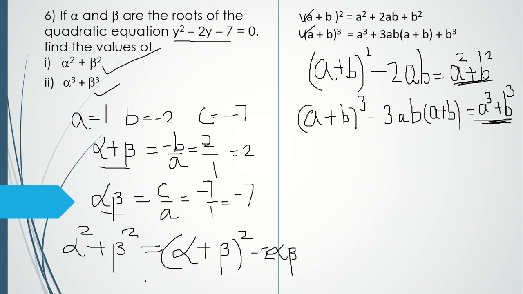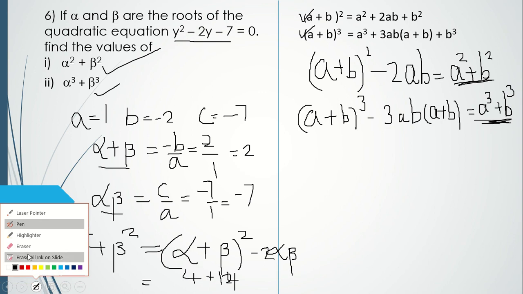Okay, now inside just put the values. You know what is alpha plus beta, no? Alpha plus beta we found it's 2. So 2 square is 4, minus 2 into alpha beta, minus minus is going to be plus 7. 7 into 2 is 14, so that's going to be plus 14. 14 plus 4 is 18. So the answer of this first part is going to be 18.